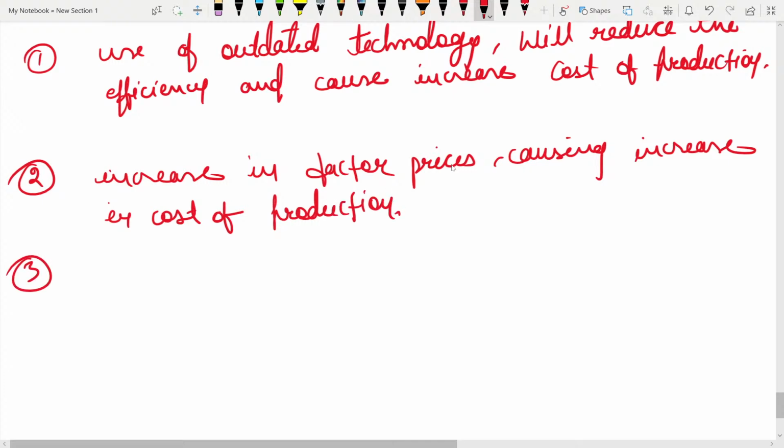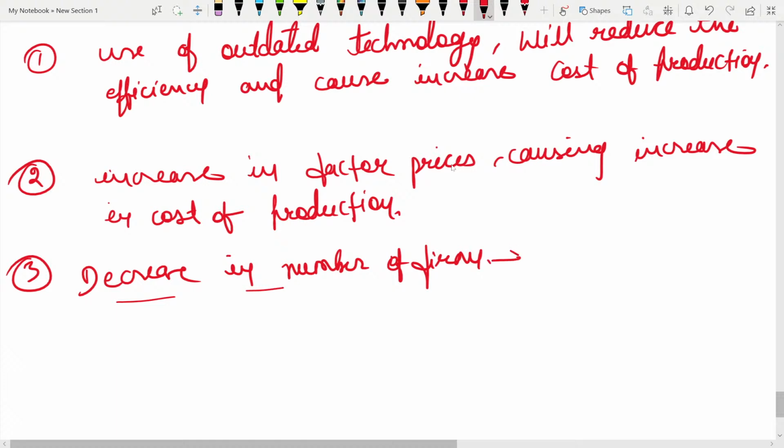Third point, increase in price of a competing product prompts the producer to restrict their supply at the prevailing price, right? And another point, decrease in number of firms. So in the market, the number of firms has decreased, and due to decrease in number of firms, the supply decreases.